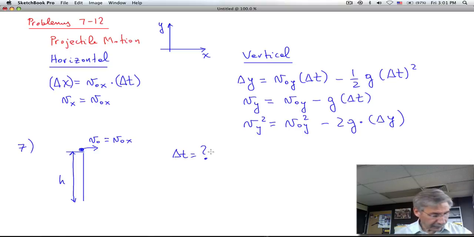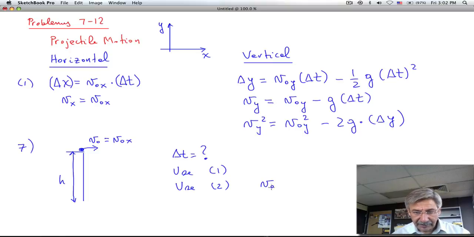In the horizontal position, you use equation number 1 to compute where it is in the horizontal direction, and you use 2 to compute where it is in the vertical direction. And you have to remember that the initial velocity in the vertical direction is 0.